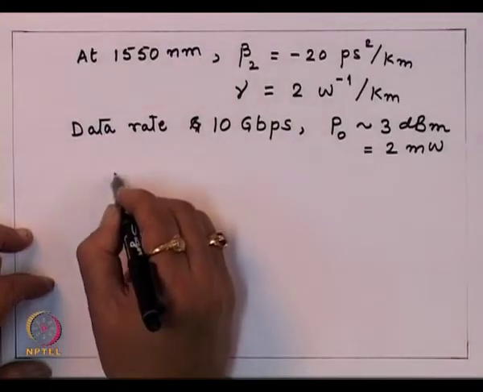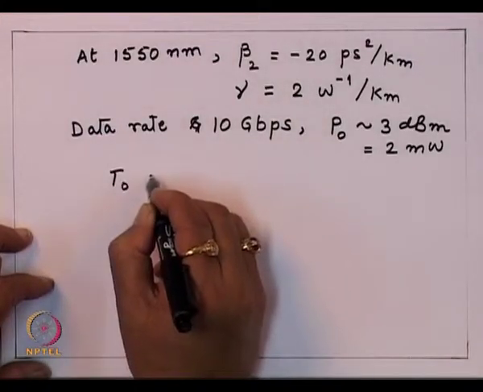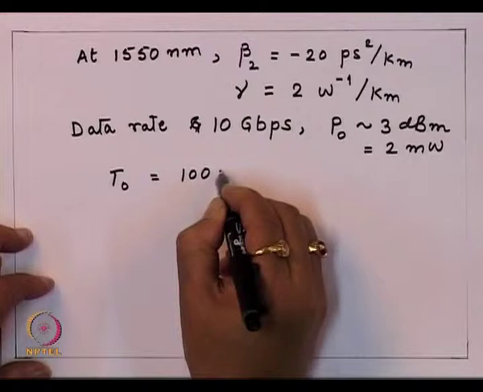The data rate would give T0, the pulse width, which is 100 picoseconds.